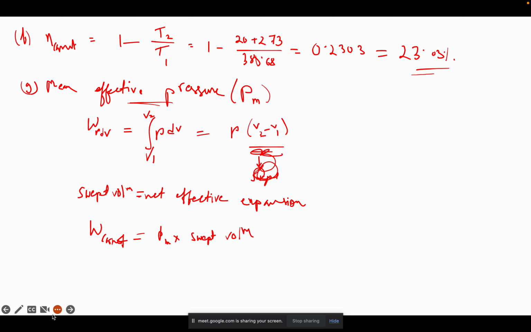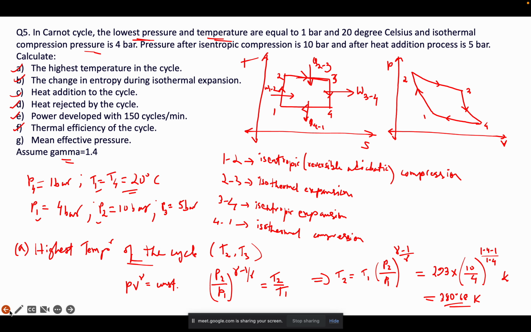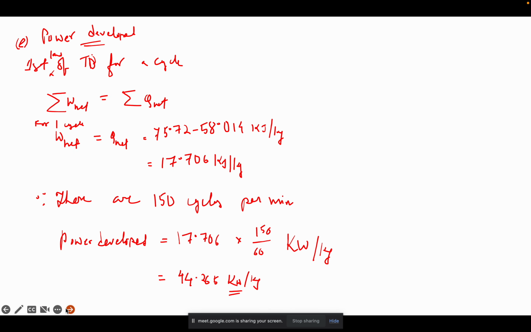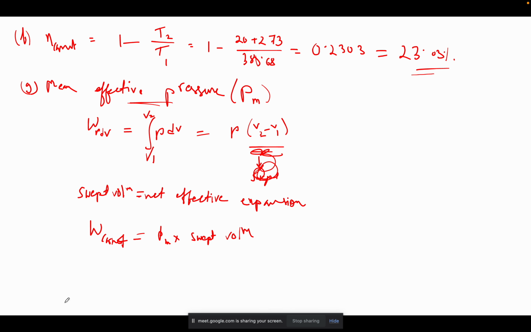In this Carnot cycle, if you study those chapters in IC engines, the effective swept volume is basically V4 minus V2. This derivation is not of your concern, but I'm just giving it to you. So work W is PM into V4 minus V2.